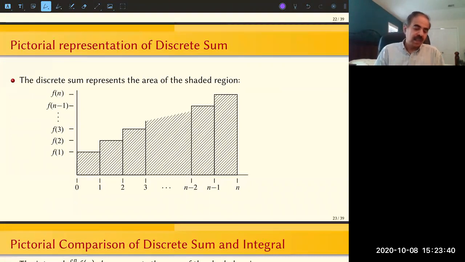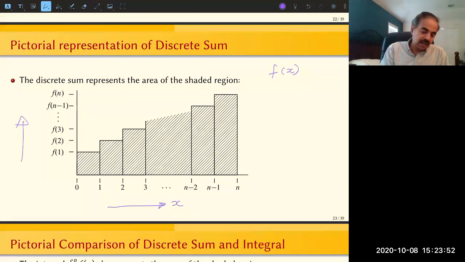Okay, so here is a function, f of x, right? Think of this as the x-axis, and this is the y-axis. What we have done is plotted the values of the function at x equal to 1, x equal to 2, x equal to 3, x equal to n minus 1, and x equal to n.